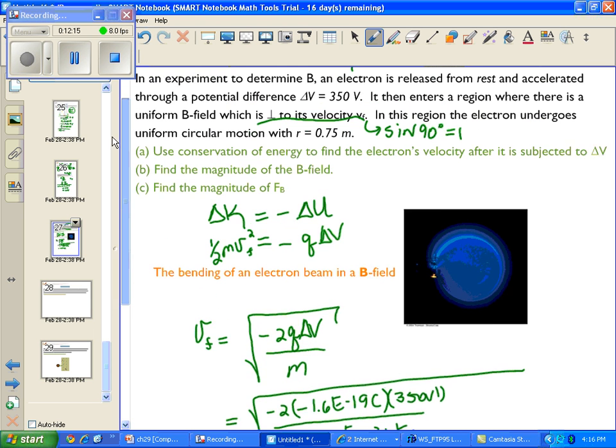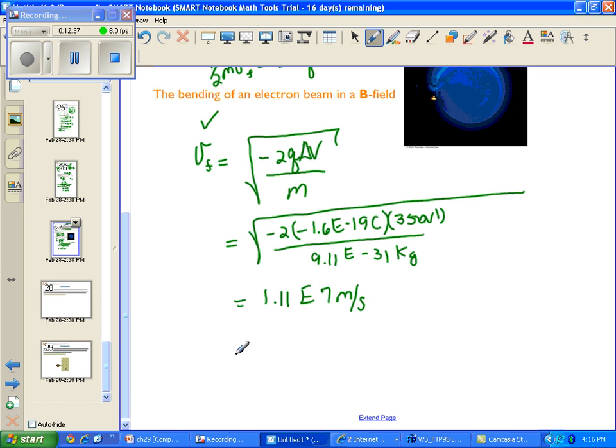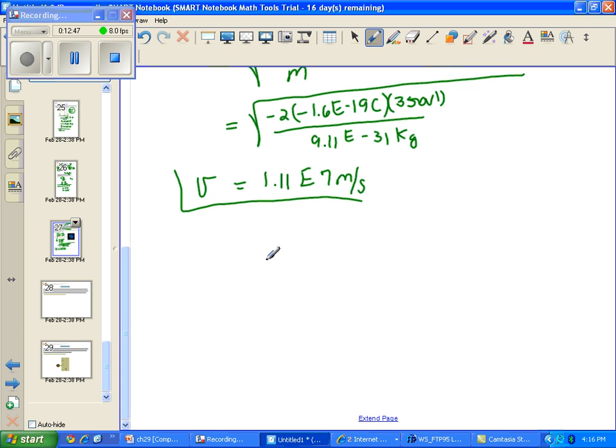Now, let's come back over here and read this again. After it is subjected to a delta V of 350 volts and acquires a V final, it enters a region where there is only a magnetic field perpendicular to that V. Well, what happens then is that the V will remain constant and becomes the V with which this electron enters the region where there is only a magnetic field.